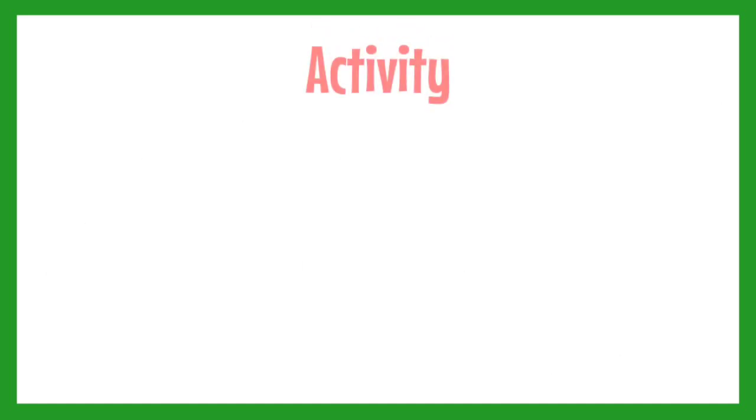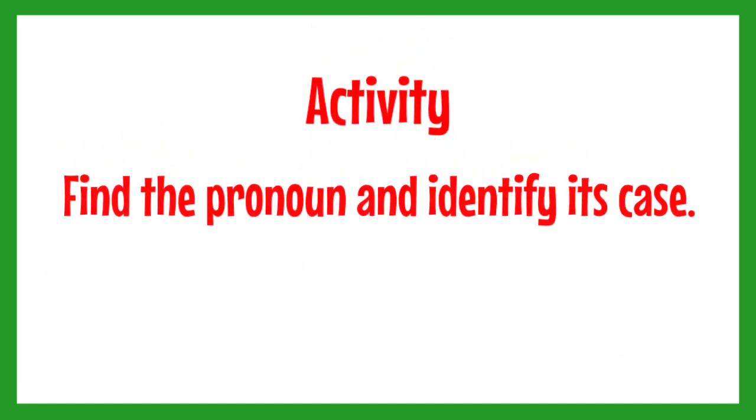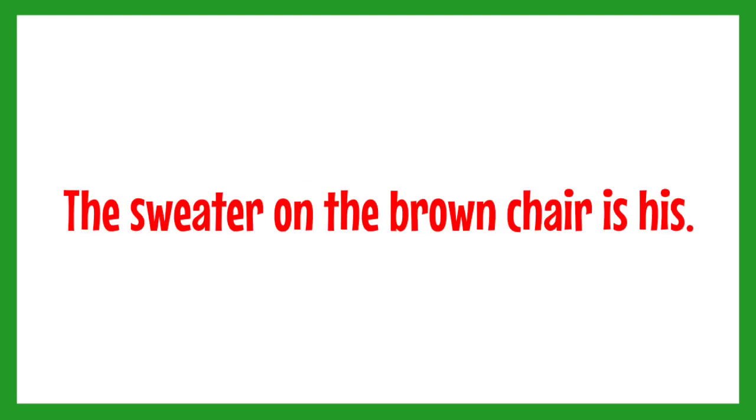Now let us have an activity. Find the pronoun in each sentence and identify its case. First one. The sweater on the brown chair is his. The pronoun in the sentence is his, and its case is possessive.